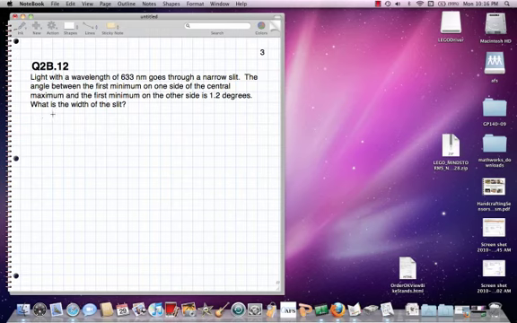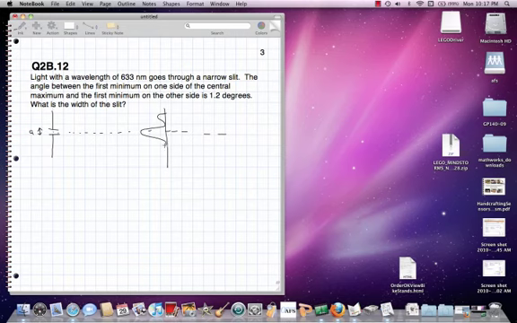All right, so what we have is a single slit. The height of this slit, or the opening of the slit, we'll call A. Over here I'm going to have a screen, and this is my central axis, and I'm going to have a maximum here and a maximum here.